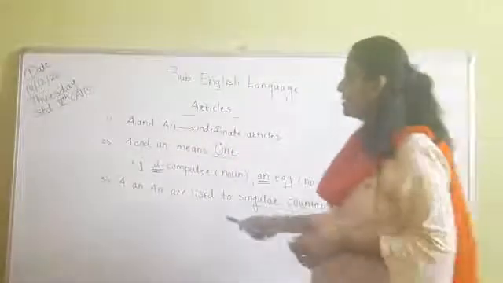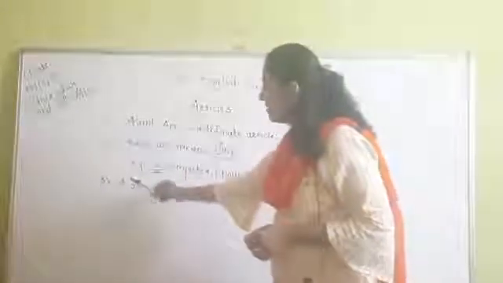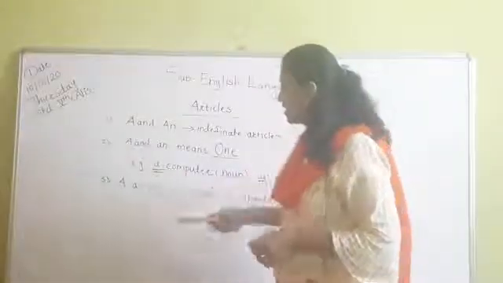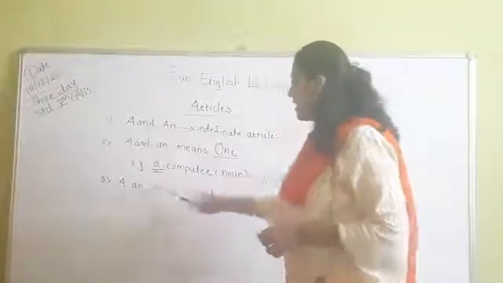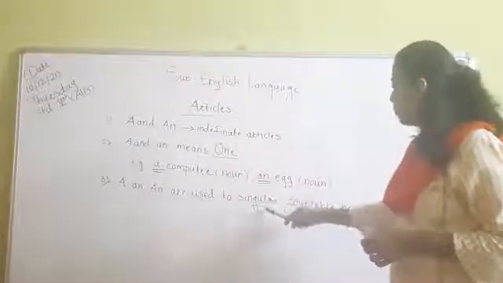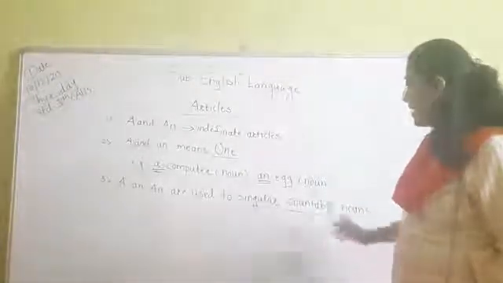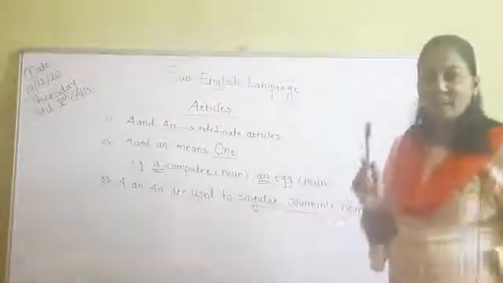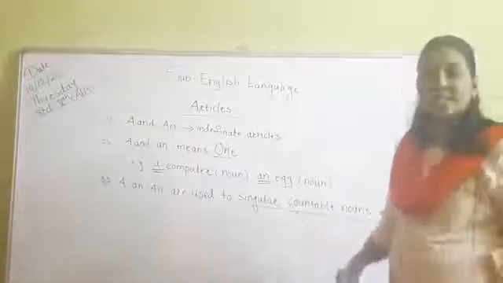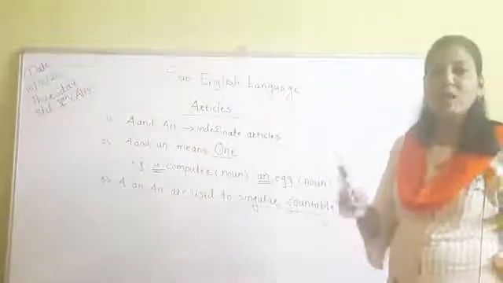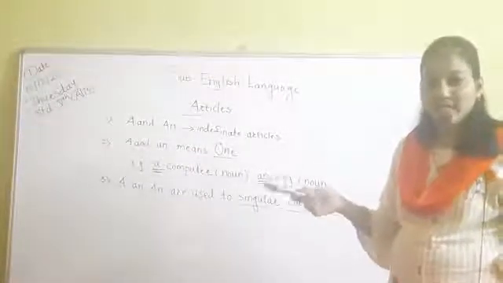Now, see the third important thing I want to tell you. A and an are used with singular countable nouns. Singular means one. Countable means that we can count 1, 2, 3, 4 like this.